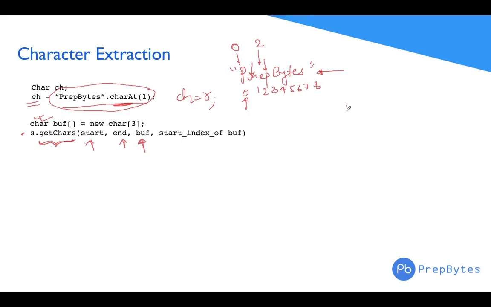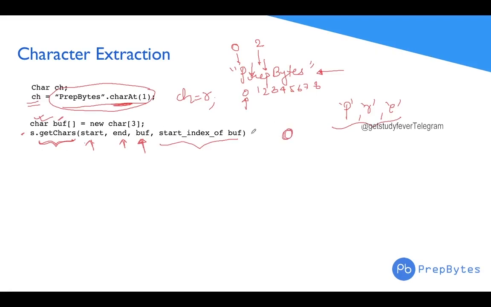If I am getting the characters p, r and e, where will I store them? Here I am storing them in the buff character array. This is the name of the array where the extracted characters will be stored, and this is the start index of the character array. So I will start storing these characters from index 0.